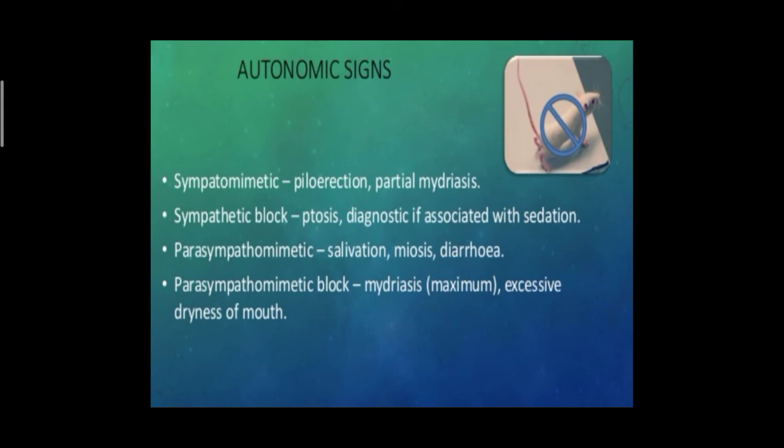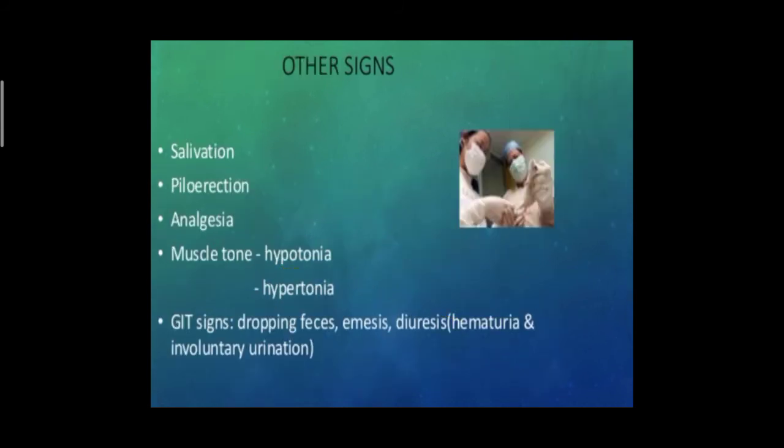Autonomic signs: if any complications happen in the autonomic nervous system, they will check everything, the sympathetic system and parasympathetic nervous system. They'll make data for the specific animal. Other signs like salivation, piloerection, analgesia, muscle tone, whether the muscles are working correctly or not, whether the nervous system and neurotransmitters are giving signals to the muscle for contraction or relaxation.